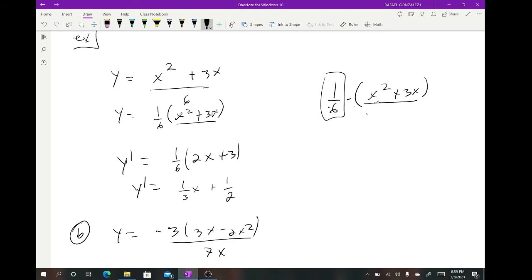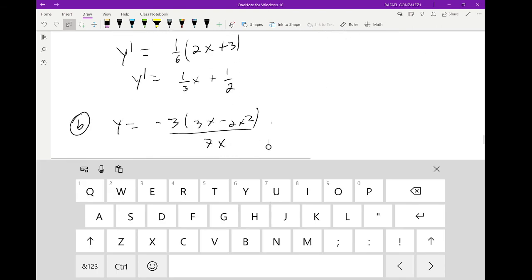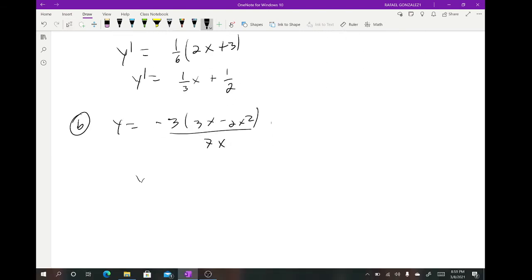Then this looks a little bit more complicated, but in truth it really isn't, because you could rewrite this in a nice, clever way. You could notice that you'll have some cancellation with the x's here. If you were to distribute that -3, you may see it better. So let's distribute it. It's going to be minus 9x plus 6x squared over 7x, right?